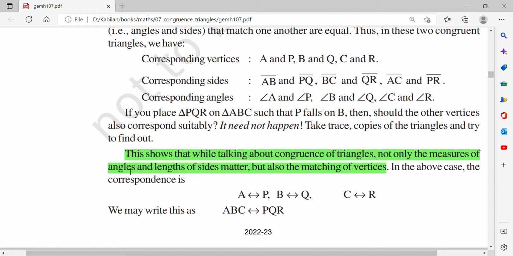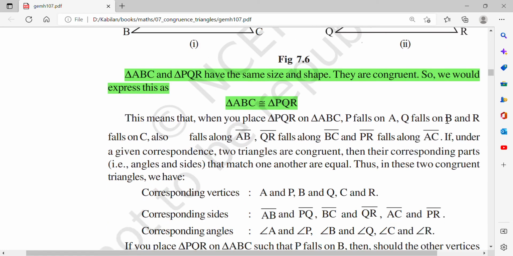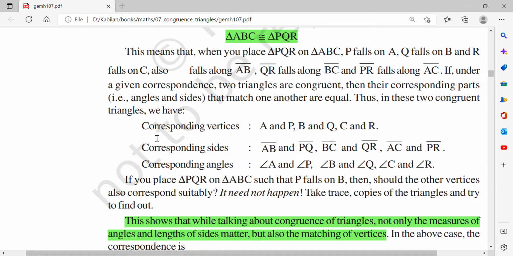See here. When talking about the congruence of triangles, not only the measures of the angles and lengths of sides matter, but also the matching vertices. So in this triangle, vertex A matches P, B matches Q, C matches R. So this is written like this: corresponding vertices A and P, B and Q, C and R, corresponding sides, corresponding angles.